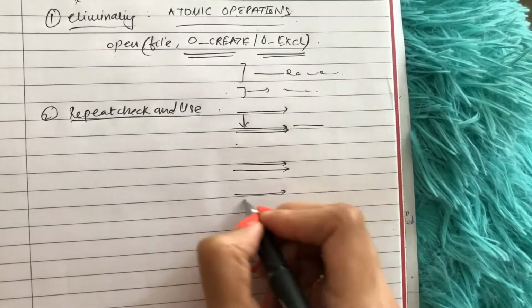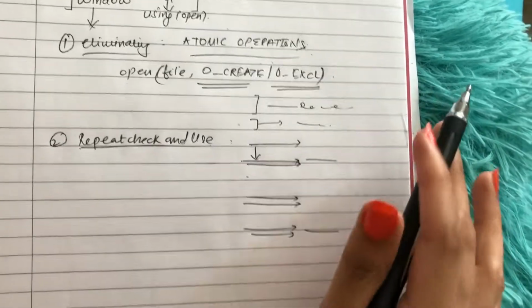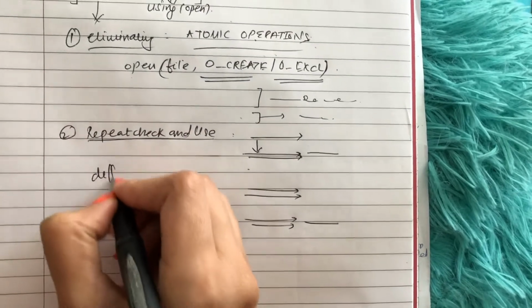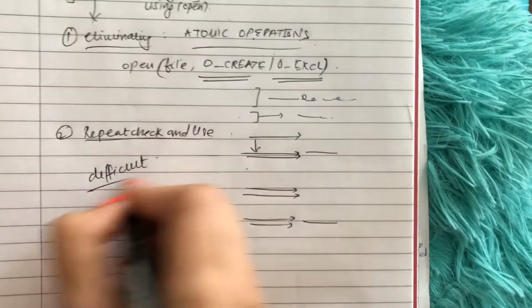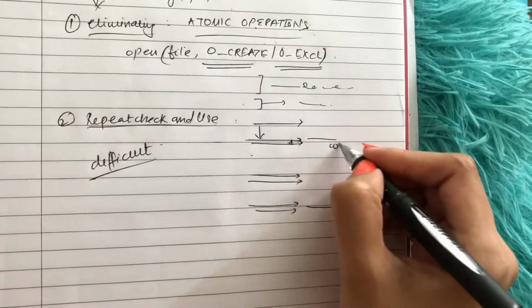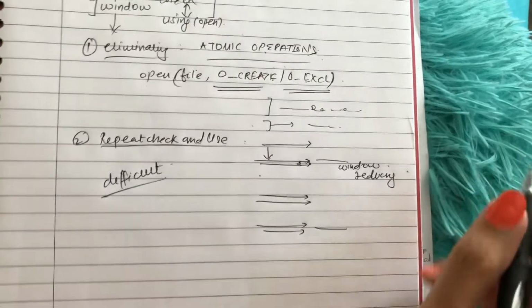This is not a very great method, but what it does is it makes it more difficult to actually win the race, because the window is basically reducing. So that is your second way.